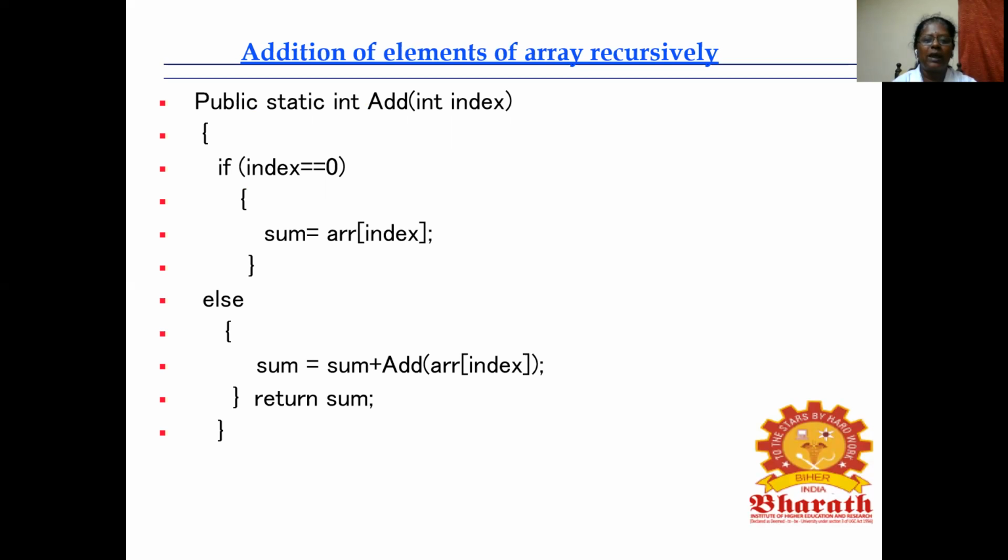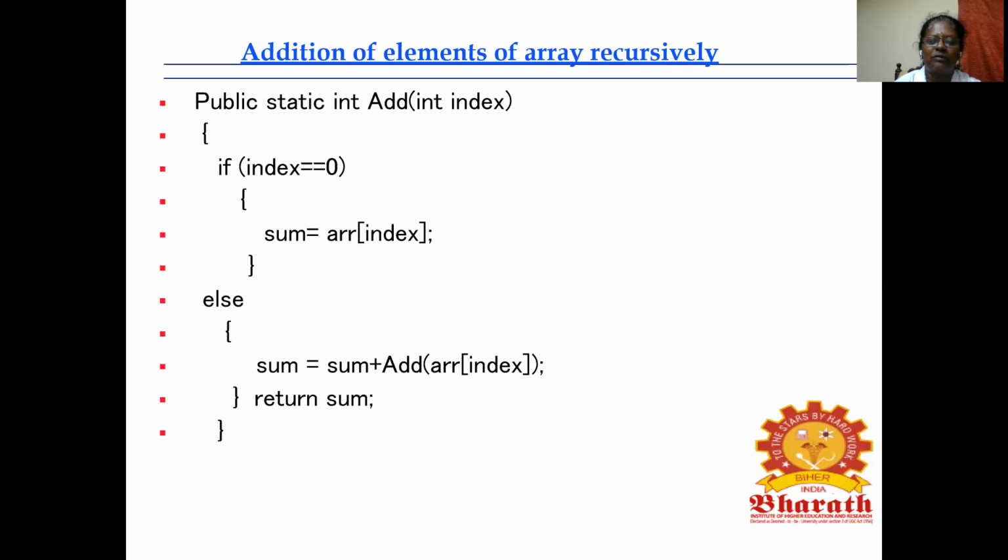Else it will be added. If it is not 0, it will be added, that is sum equal to sum plus add of array of index. So if we are getting an array of 5, it will store the values from a of 0 to a of 4.